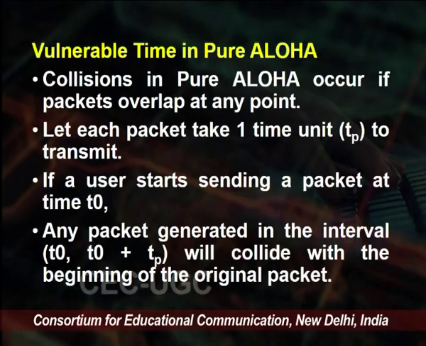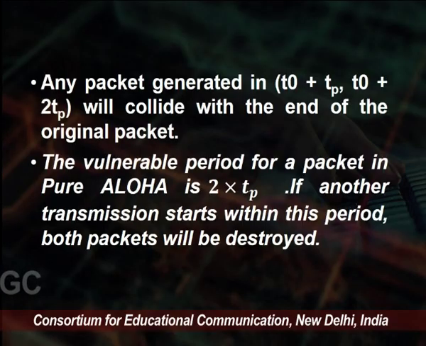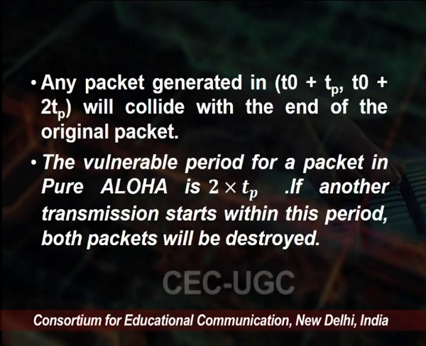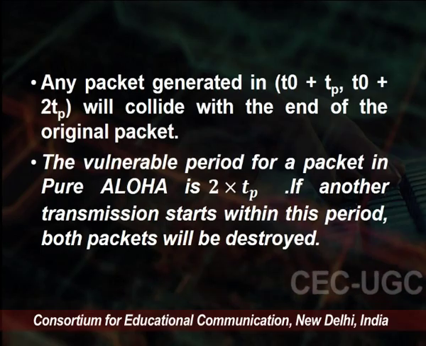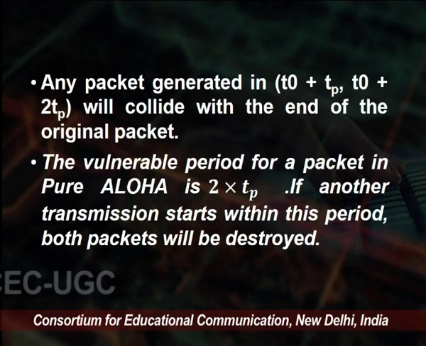This is the scenario in which we saw in the figure previously, where packet B was colliding with packet A. Now, any packet generated in the time interval T0 plus Tp to T0 plus 2Tp will collide with the end of the original packet. Please remember the scenario in which packet C was colliding with packet A.